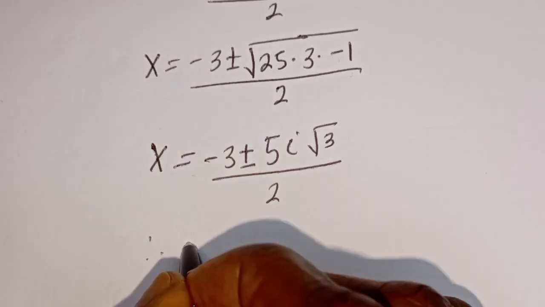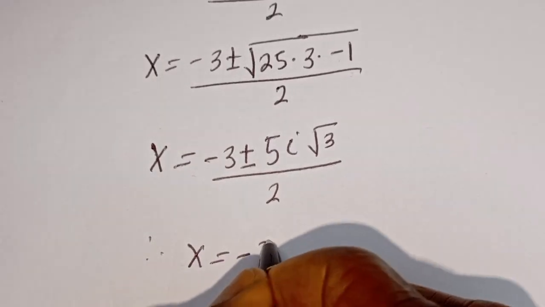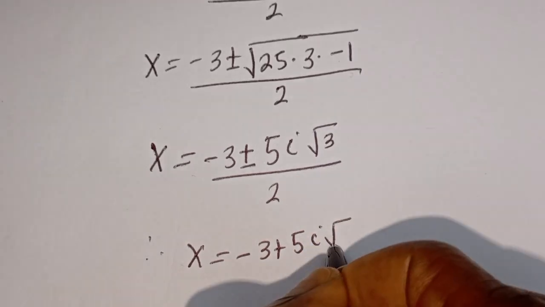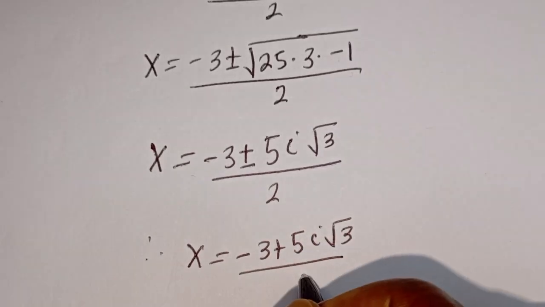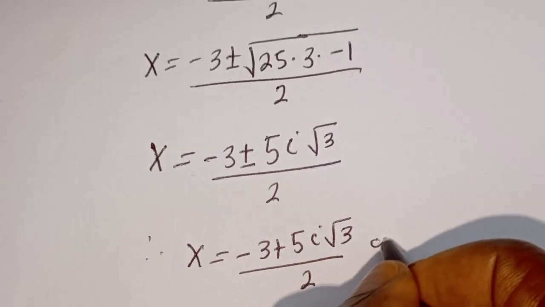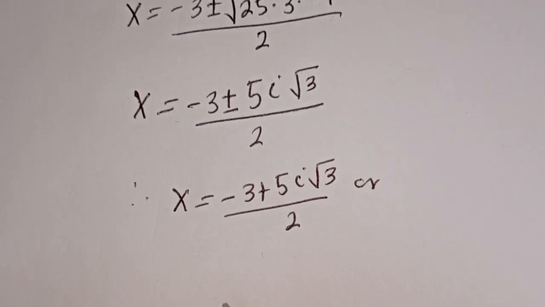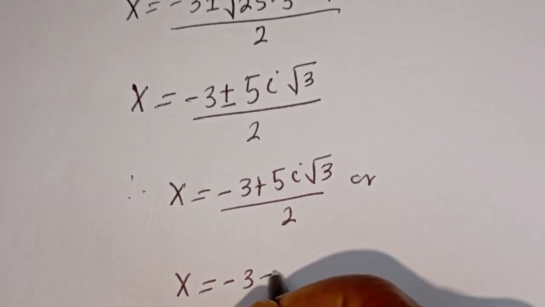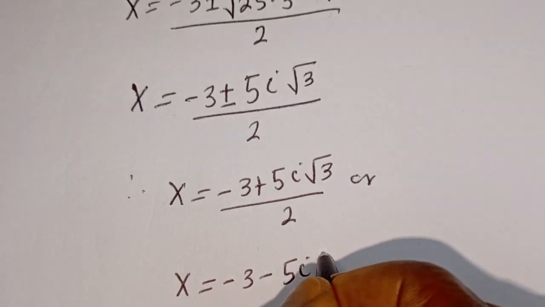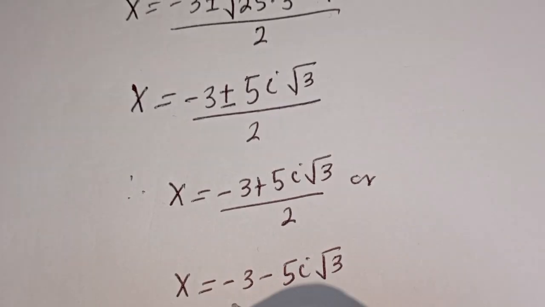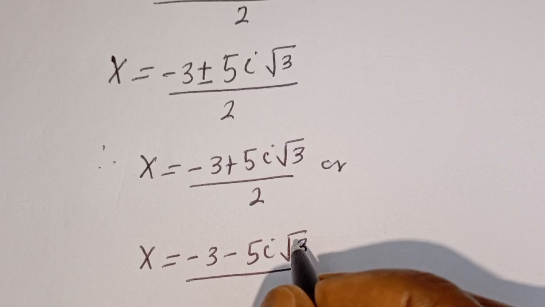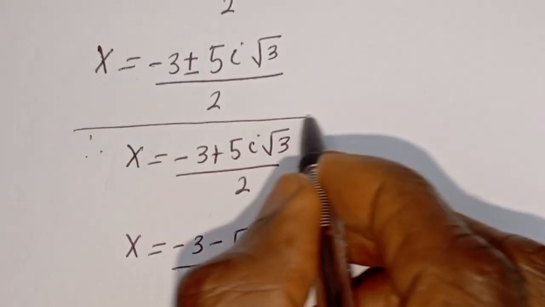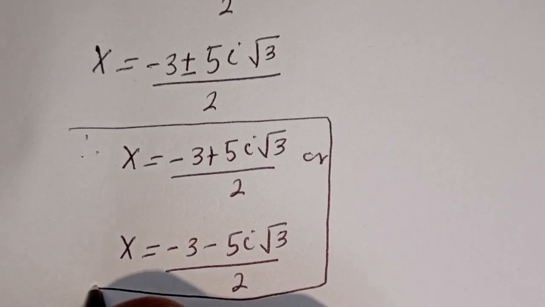Therefore, x is equal to minus 3 plus 5i root 3 divided by 2, or x is equal to minus 3 minus 5i root 3 divided by 2. These are other values of x.